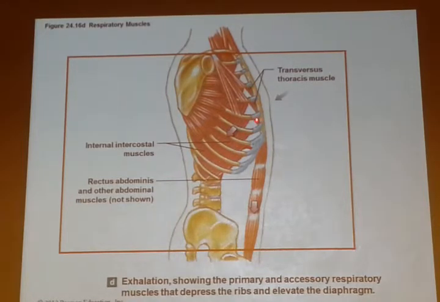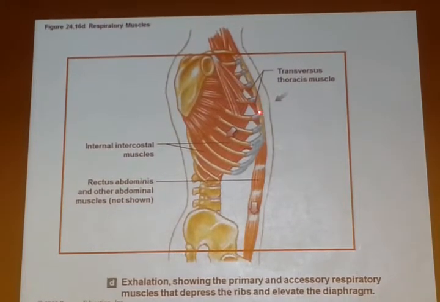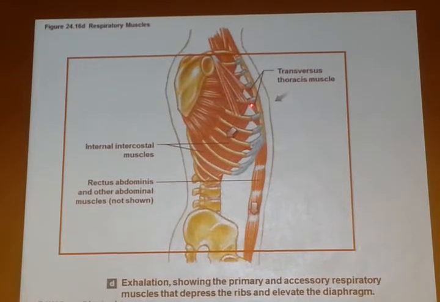And then you get your internal intercostals, which pull the upper rib towards the lower rib and compress the thoracic cage. And then transversus thoracis, that's inside the ribs, that will pull the upper ribs towards the lower rib. And along with the internal intercostals, decrease the thoracic volume.